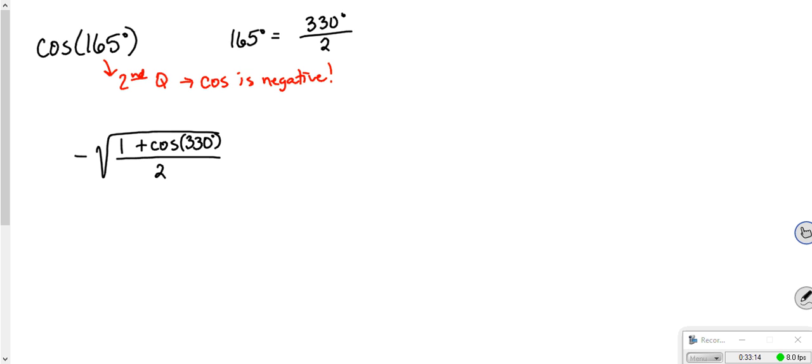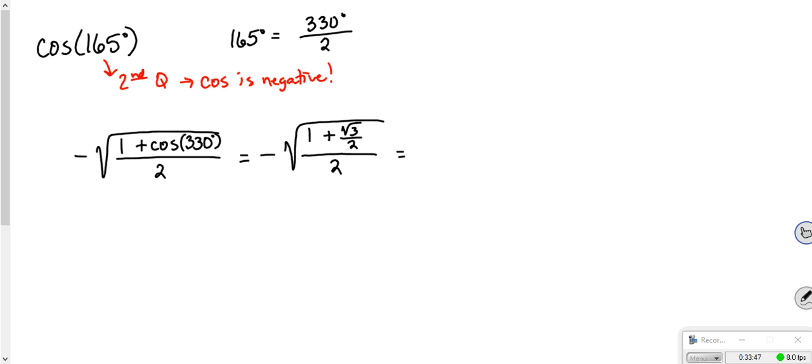Now, 330 degrees gives you a relative angle of 30 degrees, but 330 is in the fourth quadrant, so the cosine of that is going to give you a positive, because remember, cosine is your x-axis, so it's positive in the first and fourth quadrants. So, still have the negative out front here, but we have 1 plus root 3 over 2, all over 2.